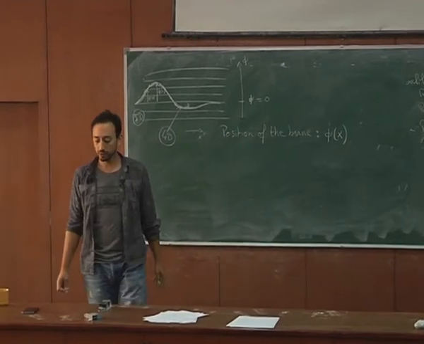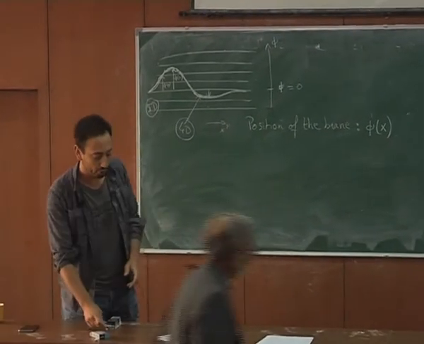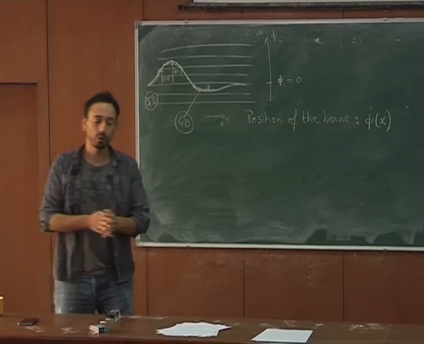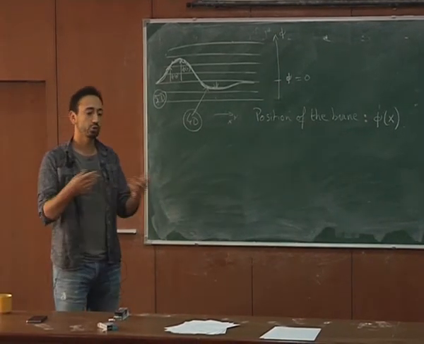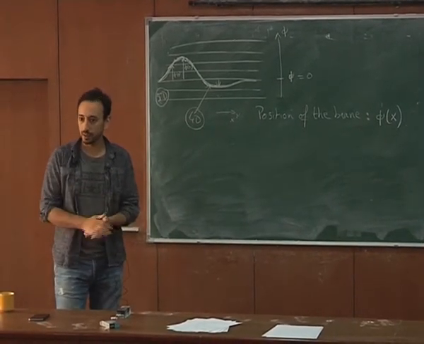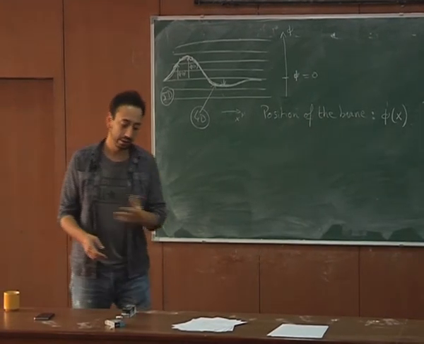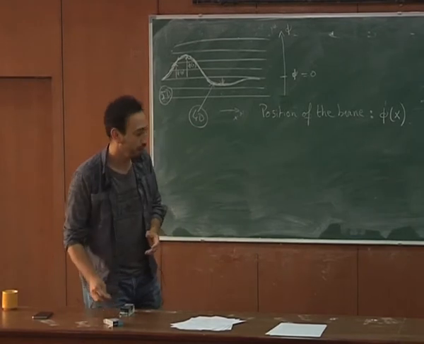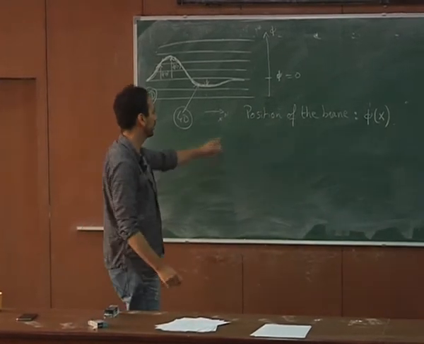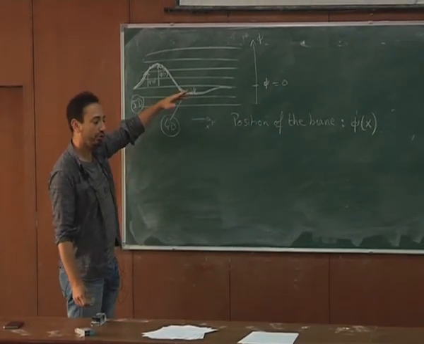So in many theories that you will see in cosmology, in gravity, when people take a black hole or try to explain dark energy, they add a scalar field. Now, the origin of the scalar field can be really, really varied. One origin is this. It's just the position of the brane.